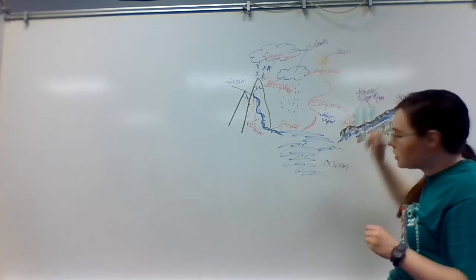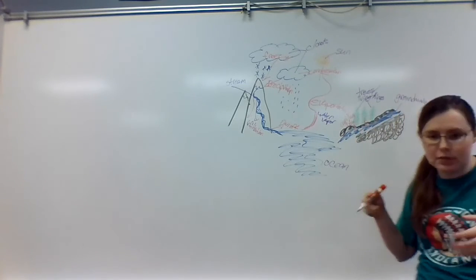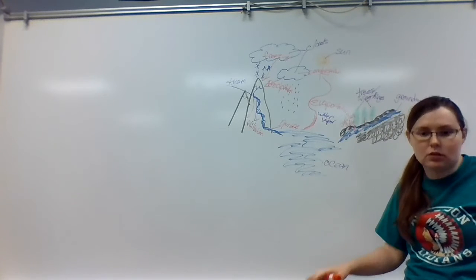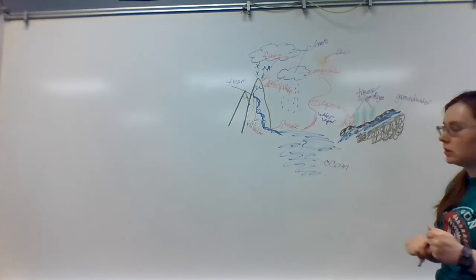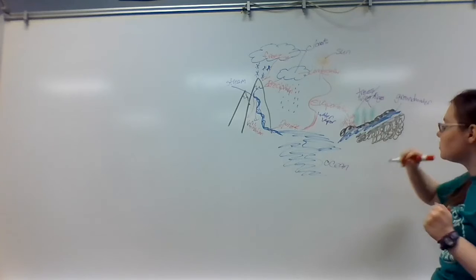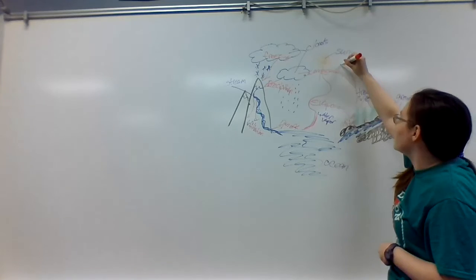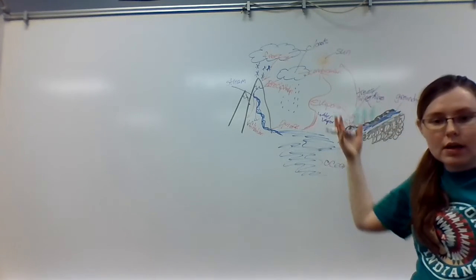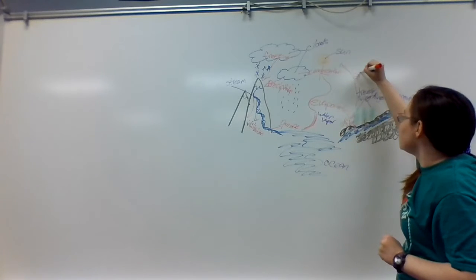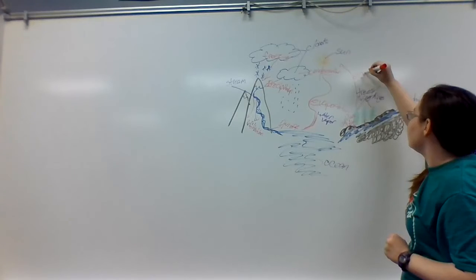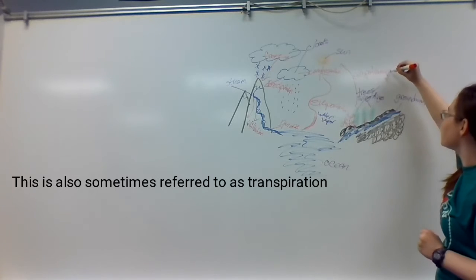The trees are drinking up the groundwater, and that's known as capillary action because their roots are a form of capillary, bringing the water from the ground into themselves as trees. And then what also happens from the trees back into the sky to become clouds is a process known as evapotranspiration.